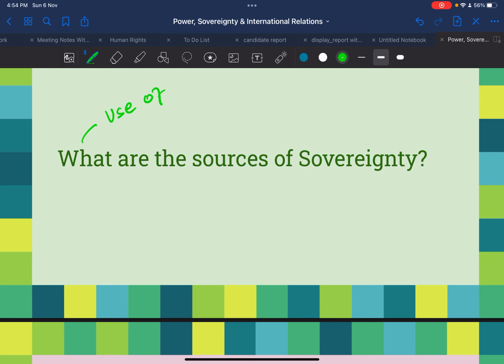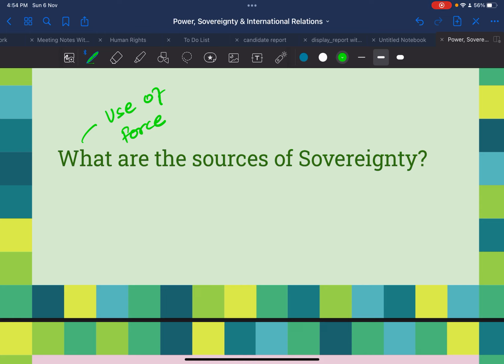Can I say that sovereignty can be measured, that a country can be more sovereign or less sovereign, or a most powerful nation can attack another country and diminish its sovereignty? So yes, I may say it, by using force, right?